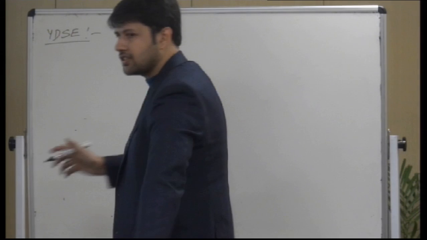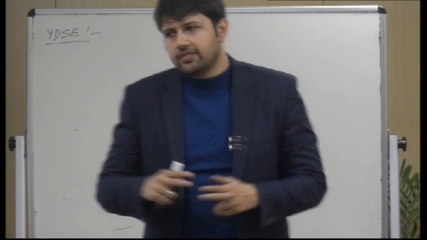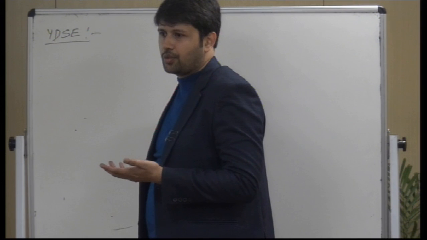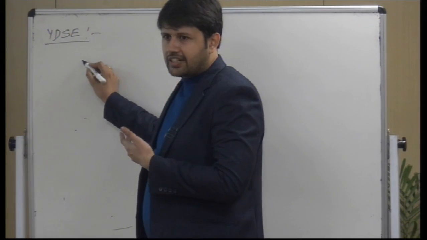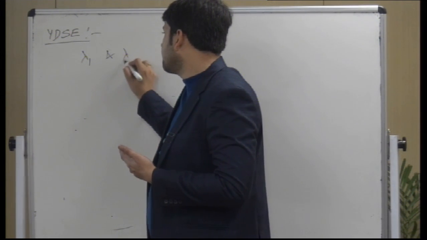Let's discuss a very simple case, a situation in which two waves are simultaneously forming two patterns, which means that in Young's double slit setup, you are passing lambda 1 and lambda 2.